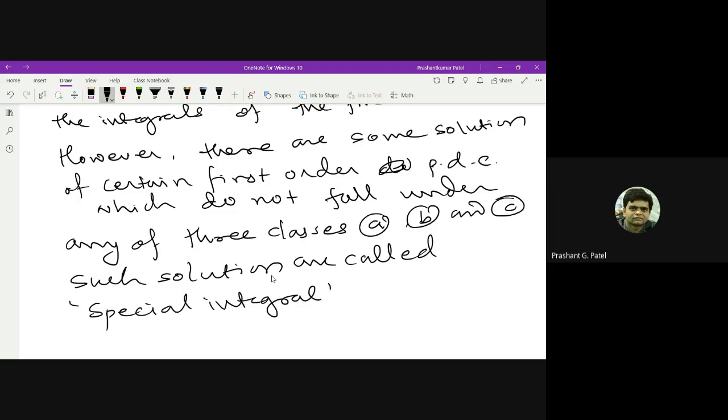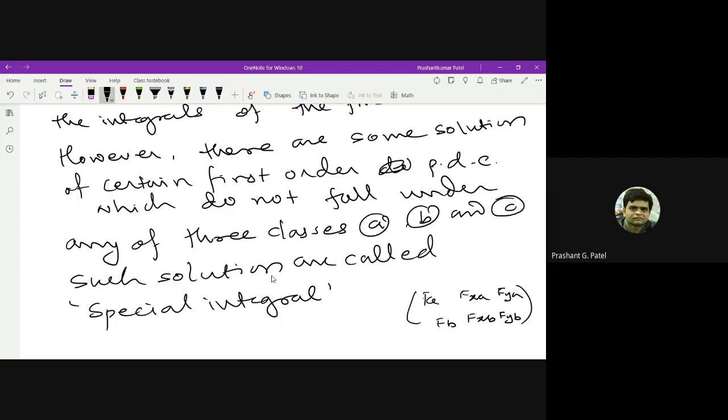So we have talked about the four classes. The complete integral is one in which that matrix Fa, Fxa, Fya, Fb, Fxb, Fyb has rank 2. If this matrix has rank 2, it is called a complete integral. What do you mean by general integral?